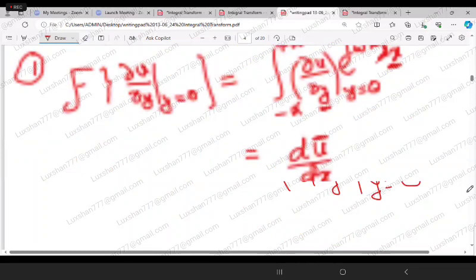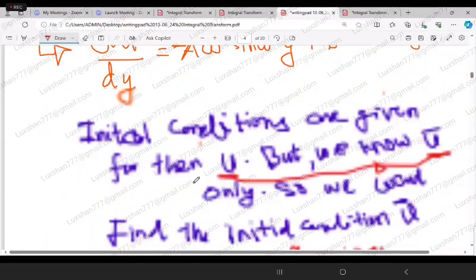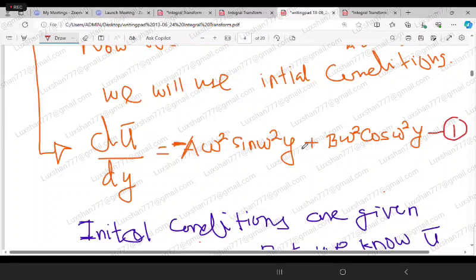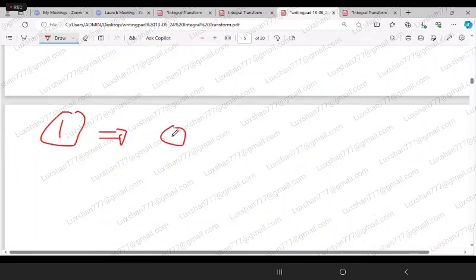If you say this is your first equation, then the first equation implies that if you put y equals 0, the left hand side is 0 and the right hand side you get omega squared b. So omega squared b equals 0, which implies b equals 0.